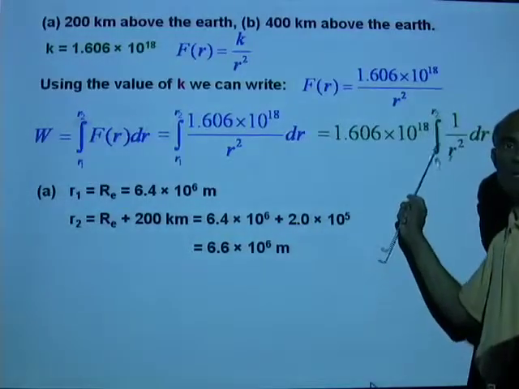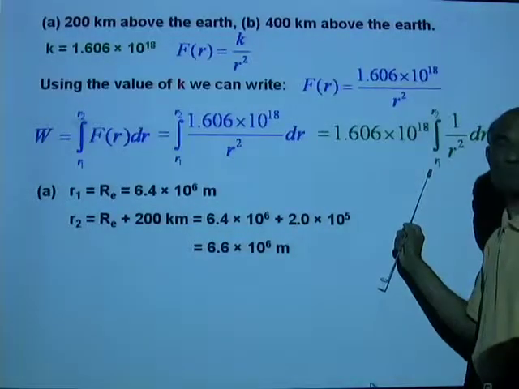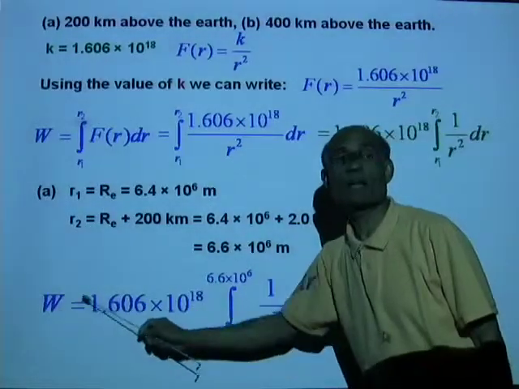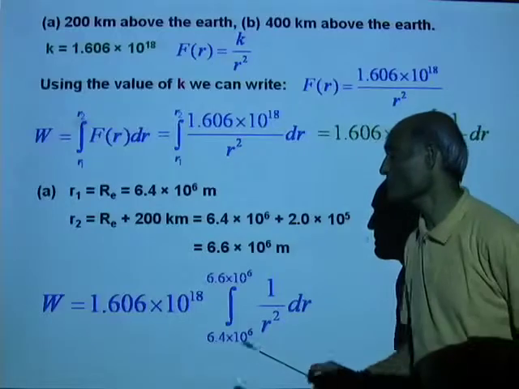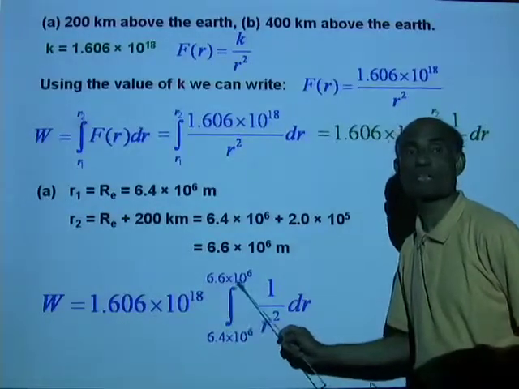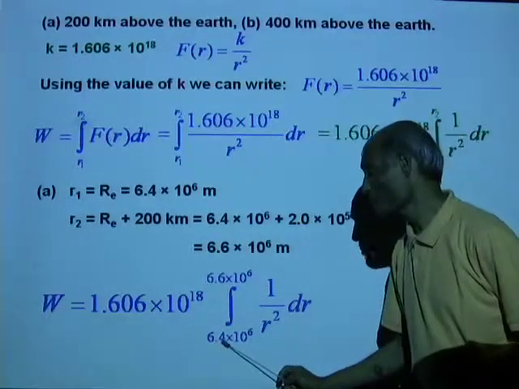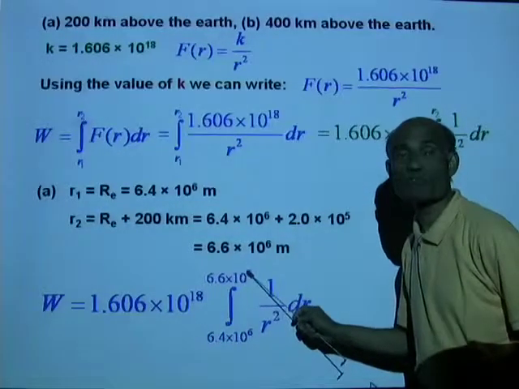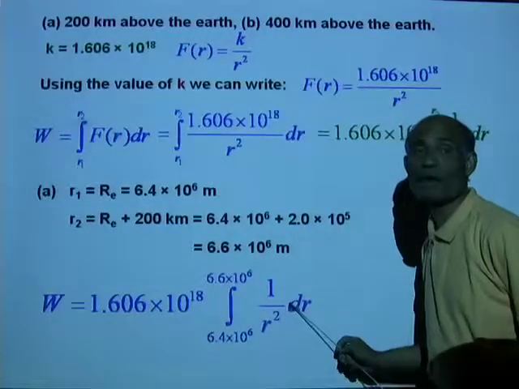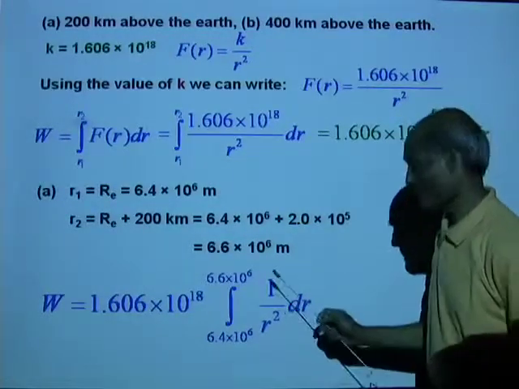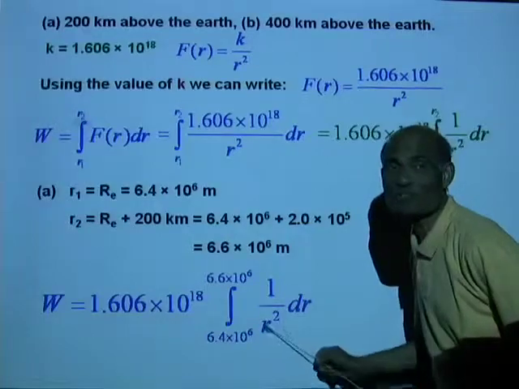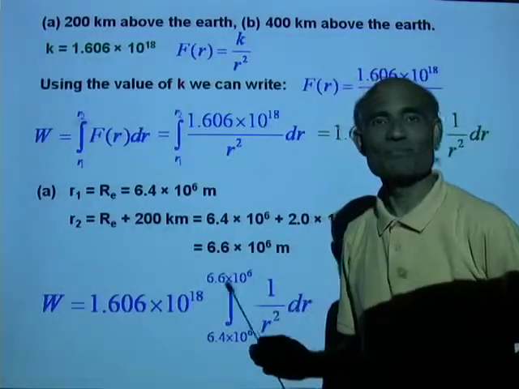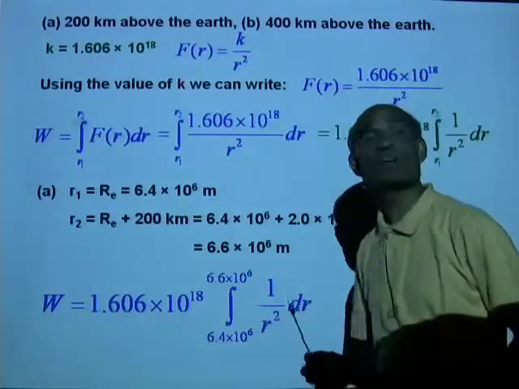So we can now replace R1 and R2, and we can perform this integration. Therefore the work done is 1.606 times 10 to the power of 18 times the integral from 6.4 times 10 to the 6 to 6.6 times 10 to the 6 of 1 over r squared dr. Alright, tell me, what is the integral of 1 over r squared dr?